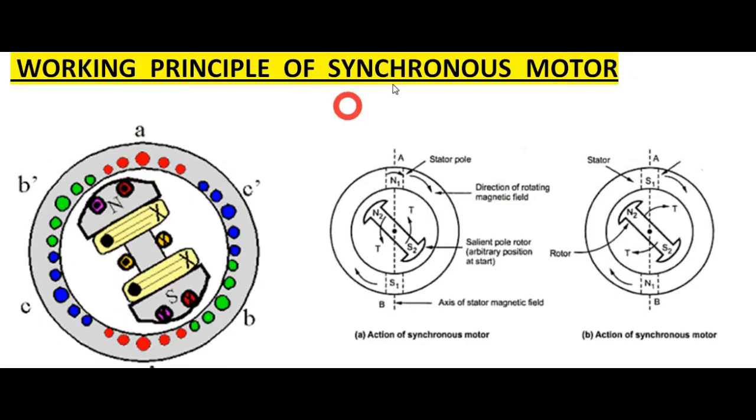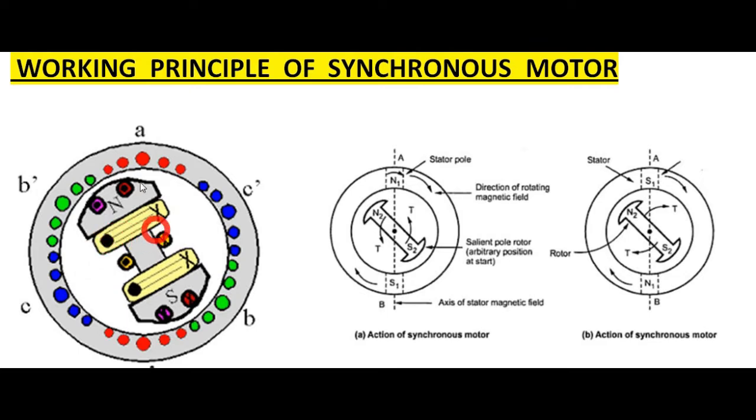Coming to the working principle of the synchronous motor. When a 3-phase AC supply is fed to the 3-phase stator windings, a resultant magnetic field, that is, RMF, is produced. This will rotate at synchronous speed.